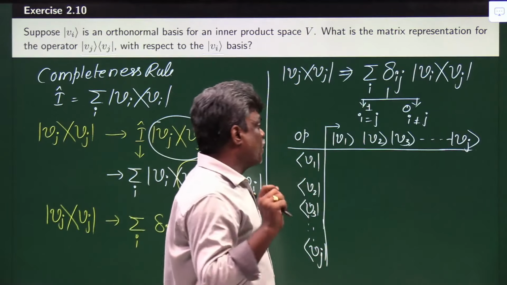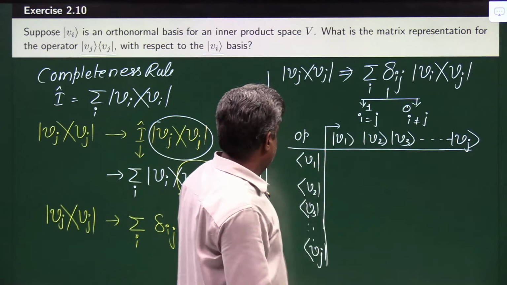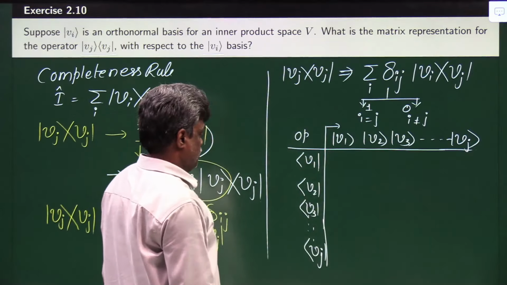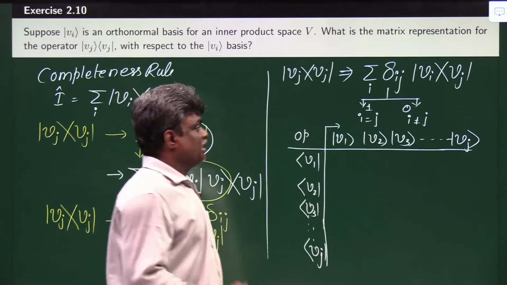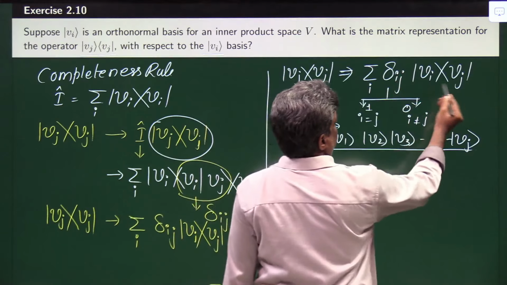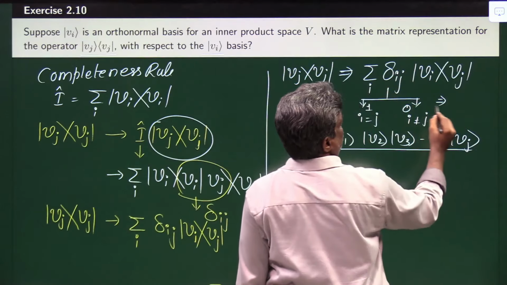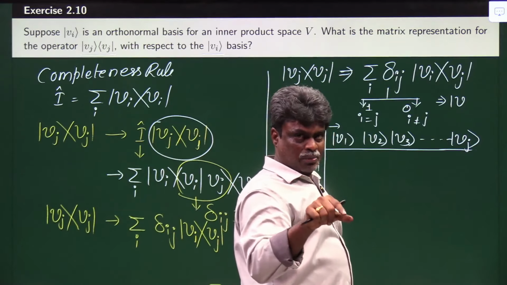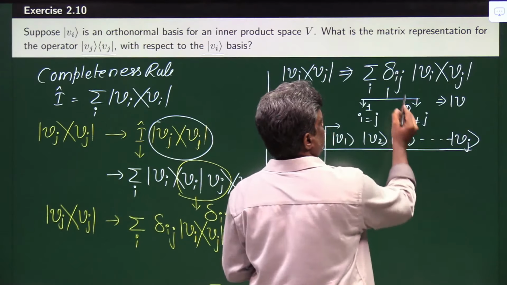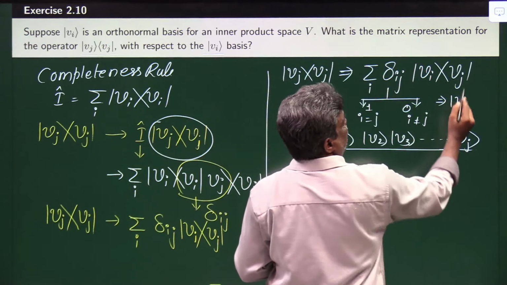So where will you get 1? Oh, sorry, not along the diagonals. Right, okay. So this means what? Here we will get only one element and the rest of the elements are 0. So we remain with either |vi⟩ outer product or |vj⟩, anything, because all the terms will be 0 except this i equals j.